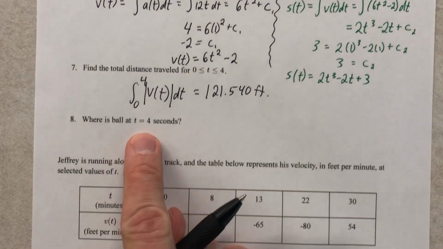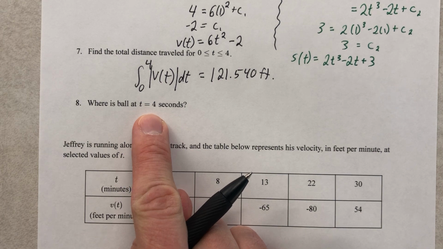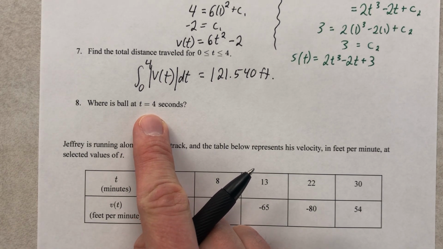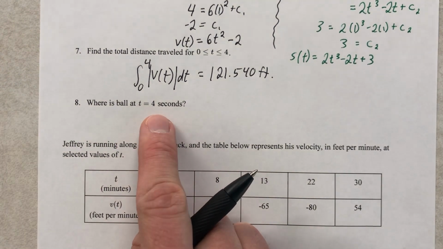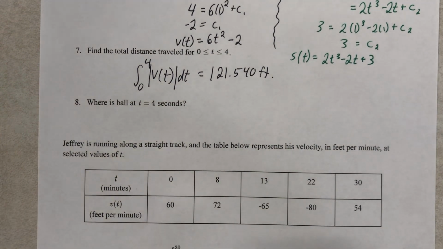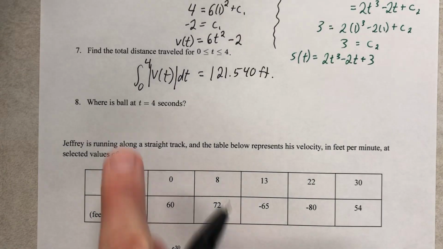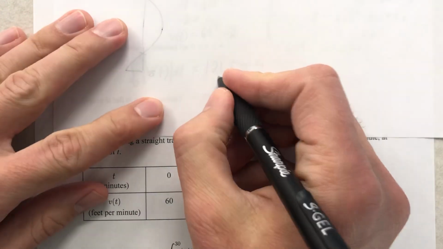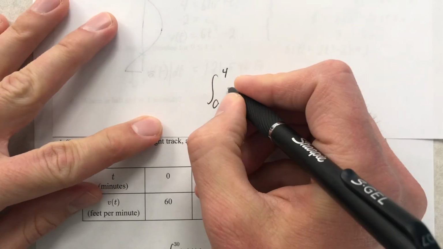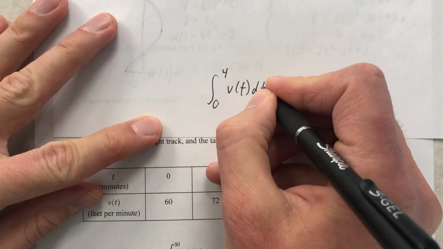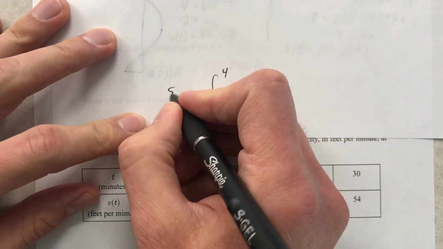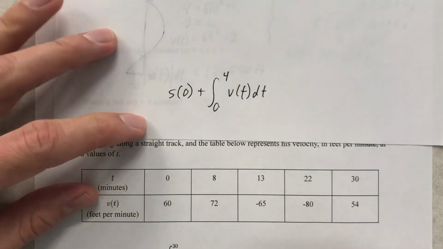Okay. Where is the ball at t equals 4 seconds? I don't know. Let's find out. So I want to know the displacement of the ball. And your first gut reaction might be, okay, all right, I got you. Honestly, I typed this problem, but when I went through it later I kind of fooled myself with it. Where is the ball? Well, how far did it travel from 0 to 4? And then I need to find out where it was at the beginning position.